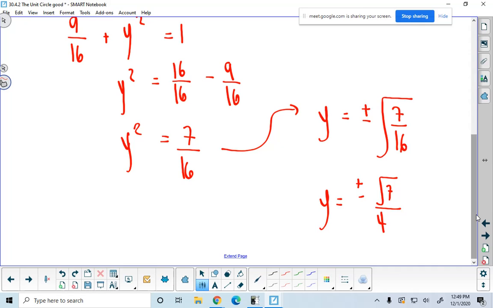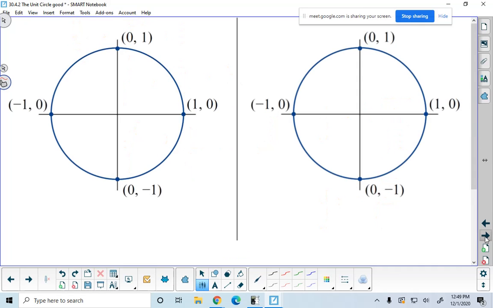And this is, because when you take a look at an x coordinate of 3/4, this is about a half, this is 3/4 right there. There are two places that have that x coordinate of 3/4. One has a y coordinate that will be positive √7/4. And the other one will have coordinates of 3/4, comma, negative √7/4.